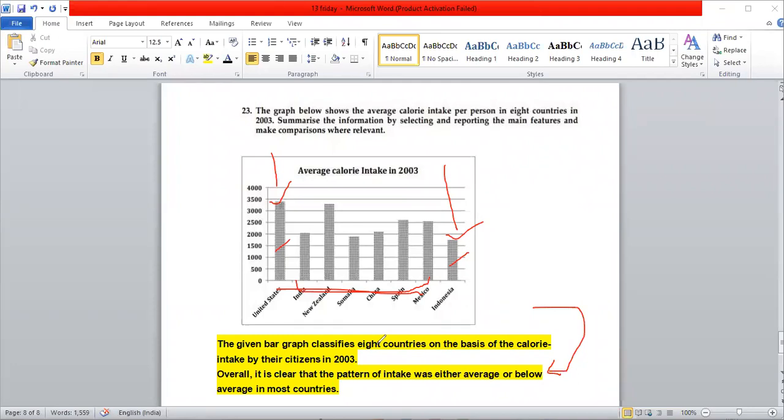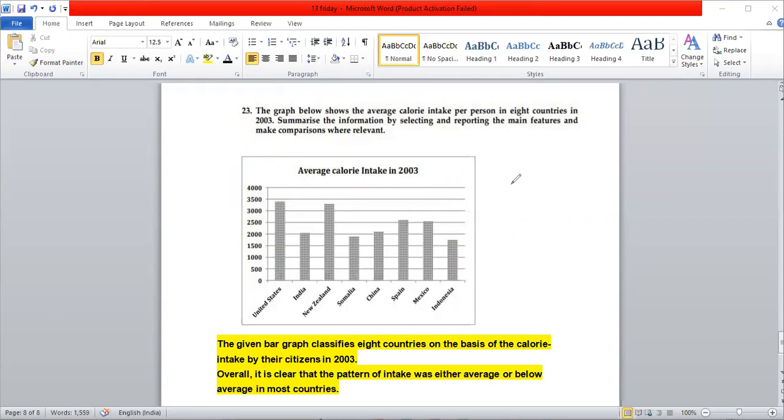Let's see how we can describe the above average and below average groups. In this particular task one, I'm not going to complete this live, but I can explain right now.